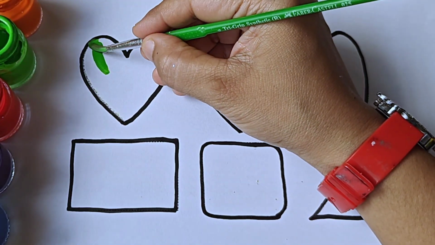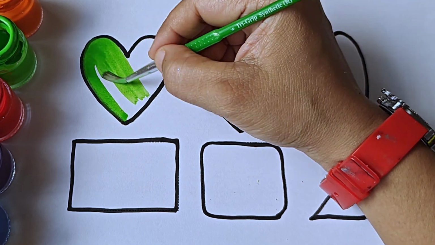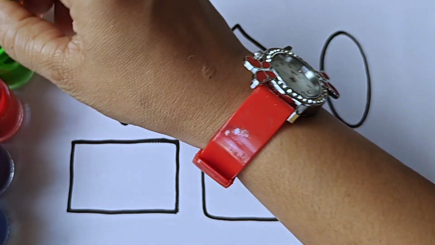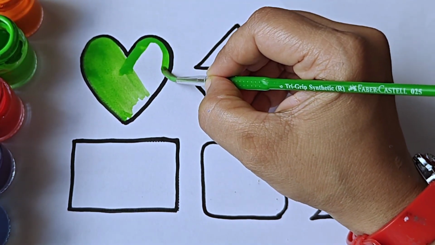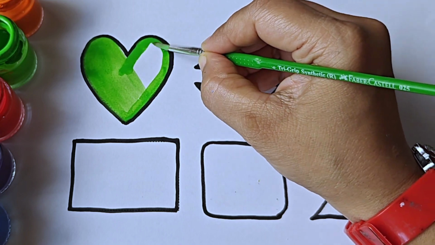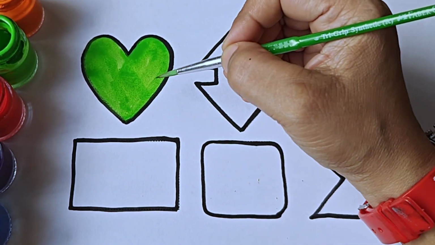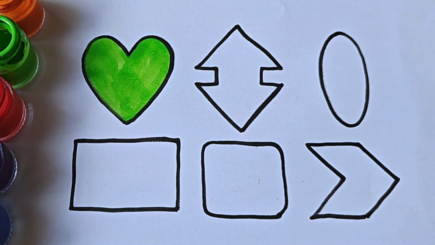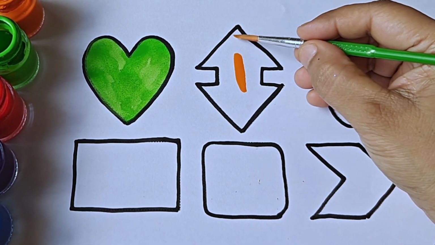Now let us color these shapes. Green color. It is heart. Orange color.